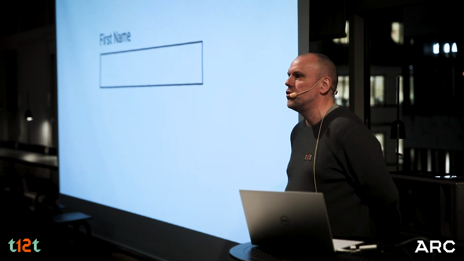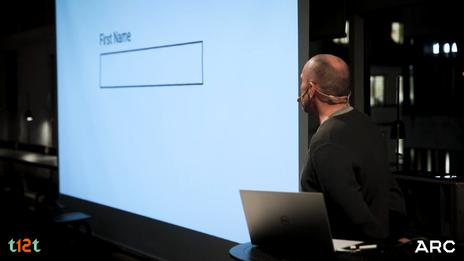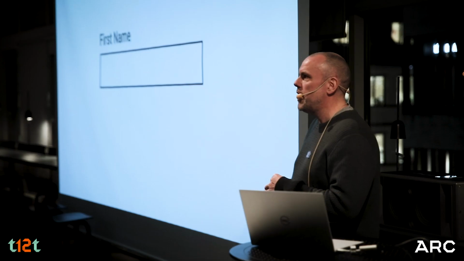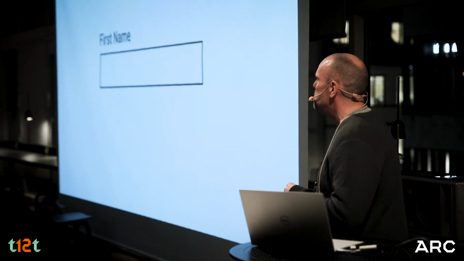There's a lot of attributes and types and a whole lot of things. But this is the text input in its most simple and pure form. It's a text box where you are supposed to fill in your first name. And that's why we have a label saying first name.